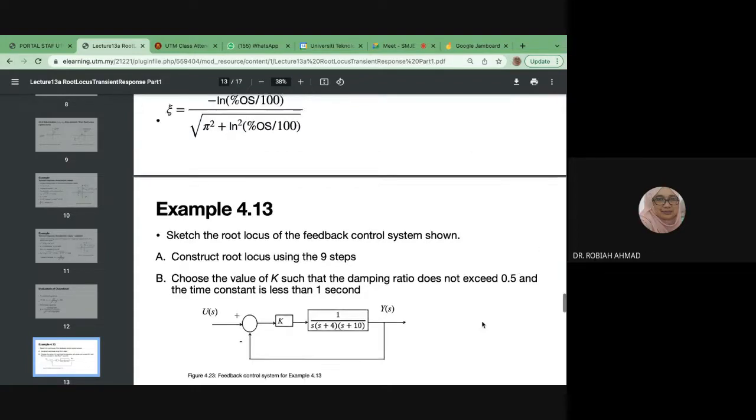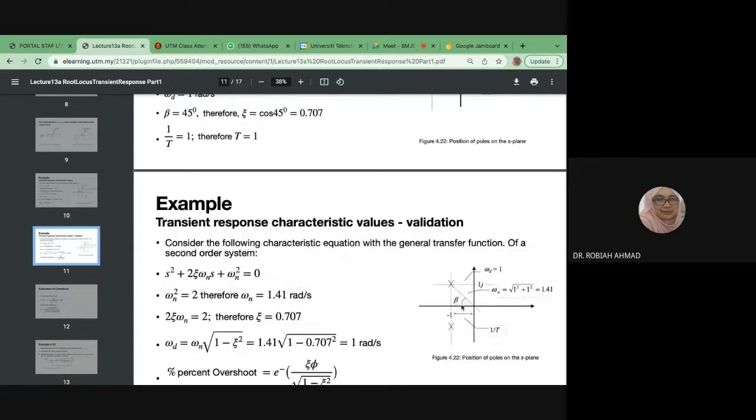So from your root locus, you draw 60 degrees and then draw a line. From that line, you will get the intersection of the damping ratio condition with your root locus.